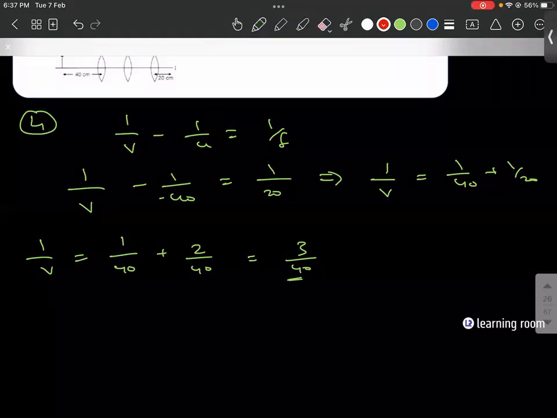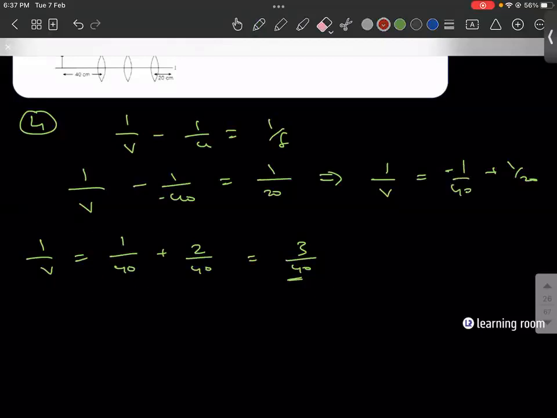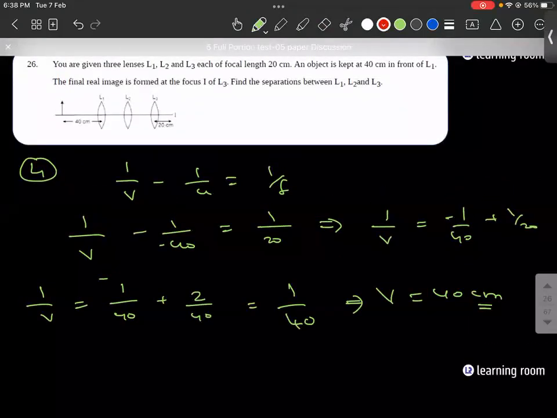No, I made a mistake. It's minus 1 by 40 here. So it should be 1 by 40, which implies V will be equal to 40 centimeter, right? So V is 40 centimeter. This is V1.